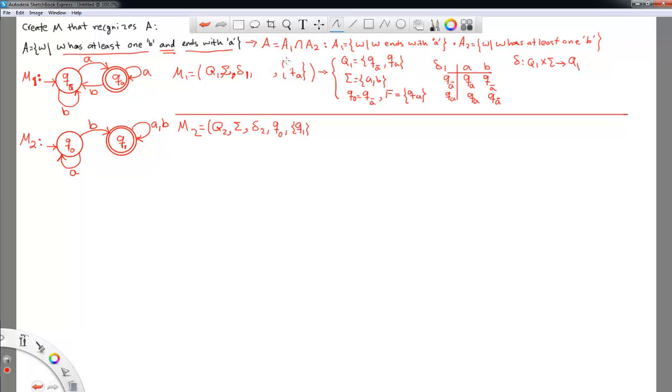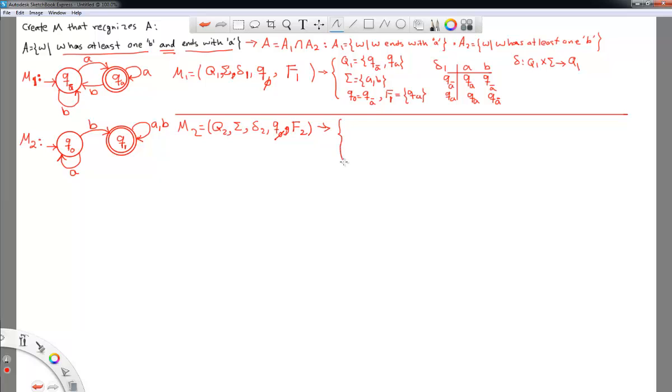I'm going to call these guys F1, F1 there, and then M sub 2 has a set of accept states called F sub 2.